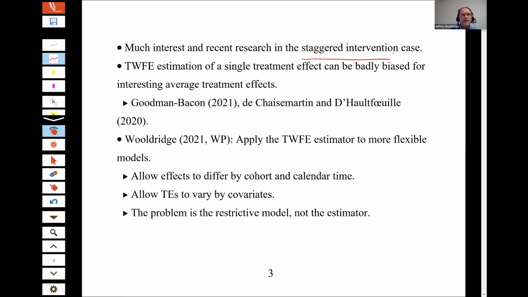There may be a change in, for example, a minimum wage at the county level, or a change in the ways police departments use things like body cameras as a regular tool in criminal justice. And these things don't all happen at the same time for all of the same units. That's called the staggered intervention case.